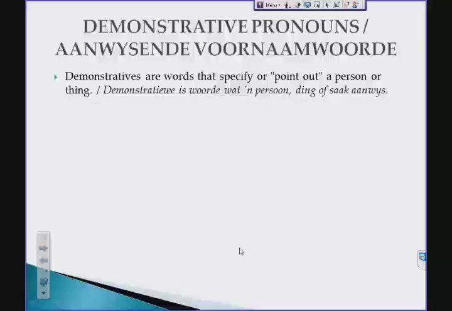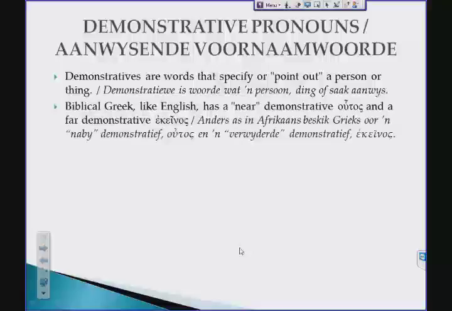Now, biblical Greek, like English, or in the Afrikaans class, like Afrikaans, has a near demonstrative, and that's what we call houtos. A near demonstrative.